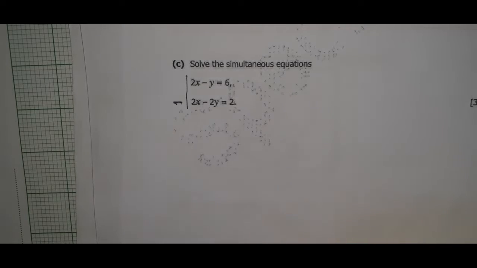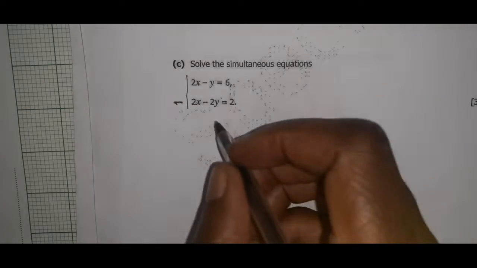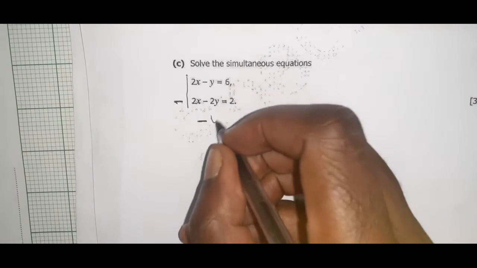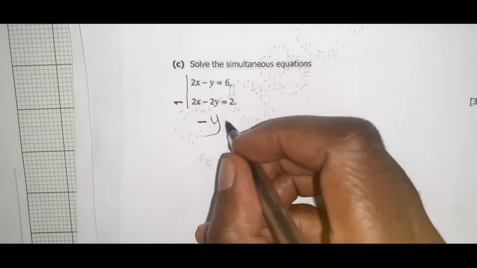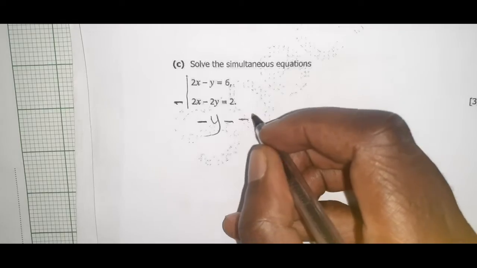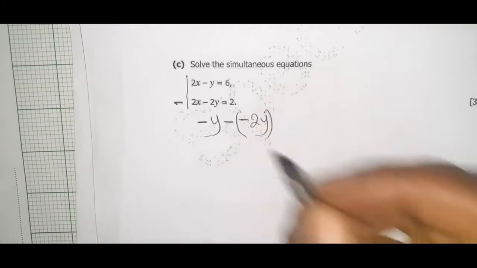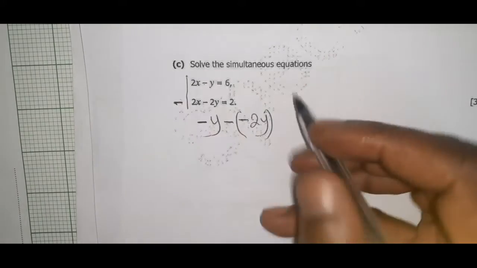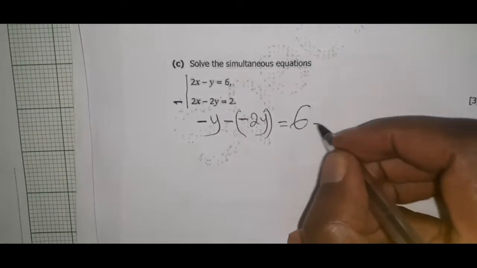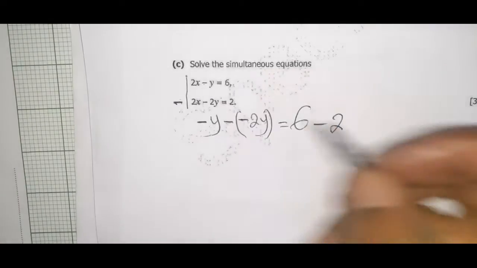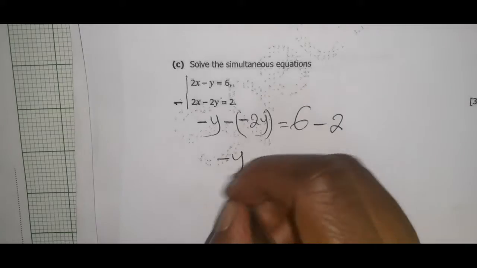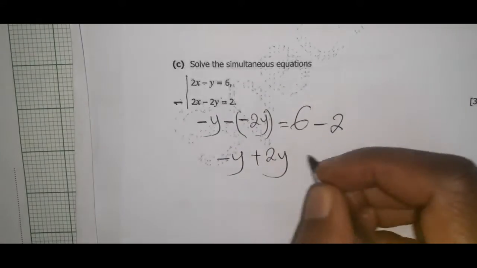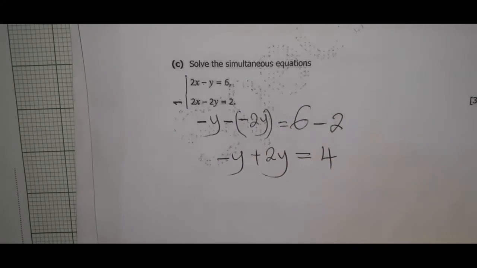Then from there, we need to come to the other part. Take note, what do we have here? We have minus y, that is what remained, minus negative 2y. This minus this one is equal to 6 minus 2. This is going to give me minus y plus 2y is equal to 4.